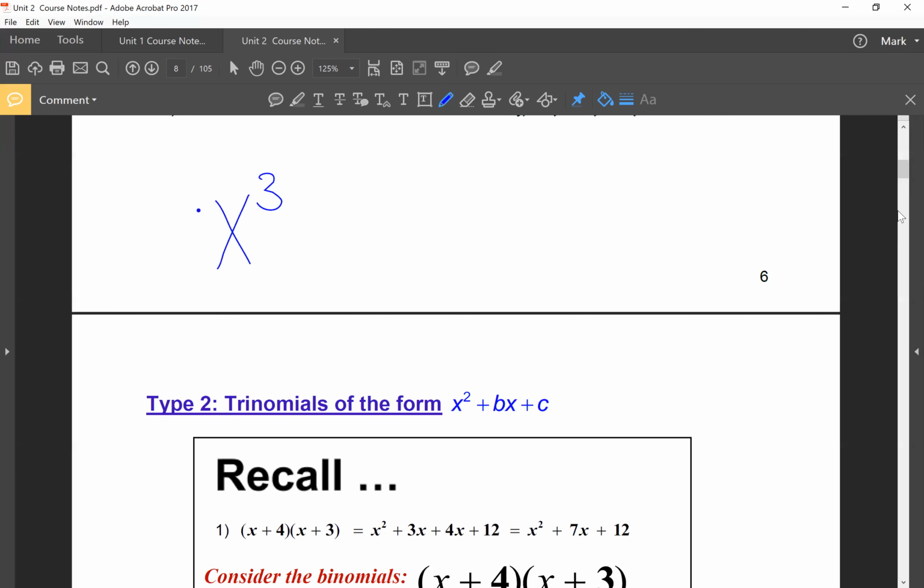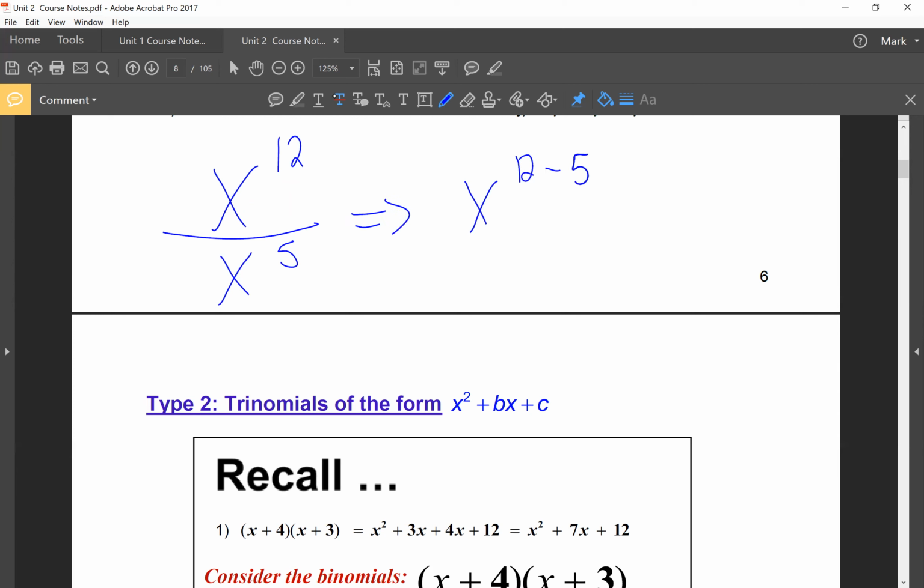If you had x to the 12 and you were dividing by x to the 5, what you do to solve this is you subtract the exponents. So x to the 12 divided by x to the 5. Literally think about this. You have 12 x's, right? So 1, 2, 3, 4, 5, 6.